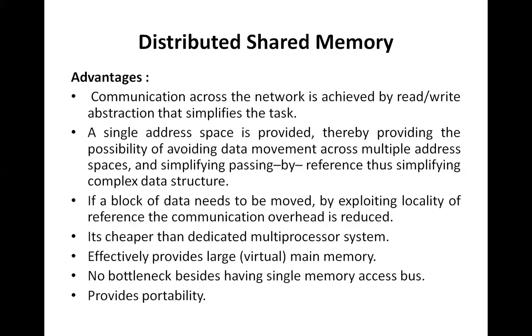And that is going to limit the size of the multiprocessor system to a few tens of processors, either 10, 15, 20. But the distributed shared memory does not suffer from this kind of drawback, and it can be easily scaled up. As the number of processors increases, it is not going to create any kind of problem. So scalability is not an issue in the case of distributed shared memory.